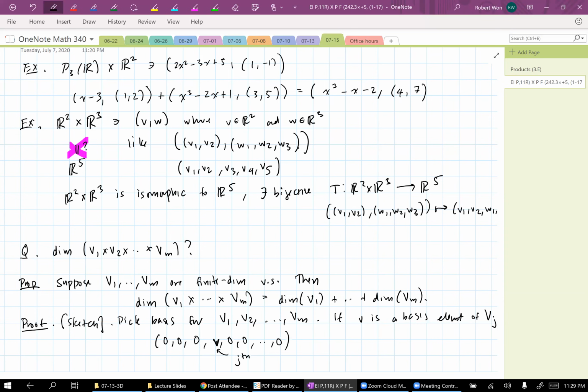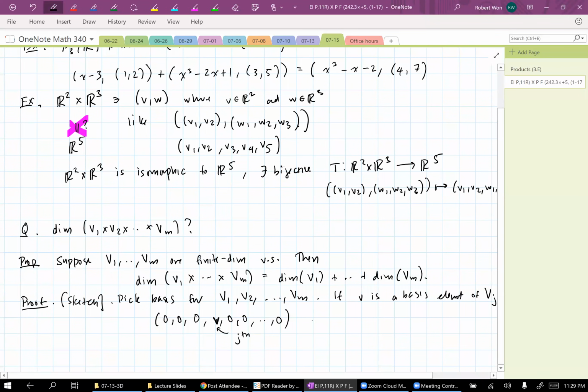And how many of them are there? Well, in the jth spot, I need to pick dimension of Vj vectors. So there's dim Vj of these ones. In the first slot, there's dim V1 of those. In the second slot, there's dim V2 of those. When you take those all together, you just have to add up the dimensions.